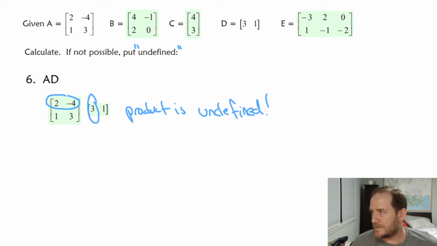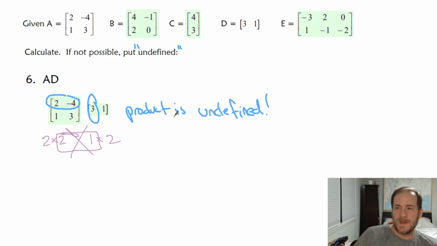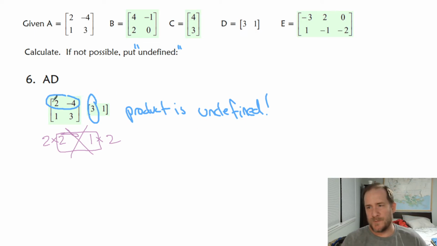Product is undefined, exclamation point. And again, the reason that's happening is because we've got this 2 by 2 matrix, but this guy is a 1 by 2. So those inner dimensions do not match up, meaning the number of entries per row is not equal to the number of entries per column. So we move on.